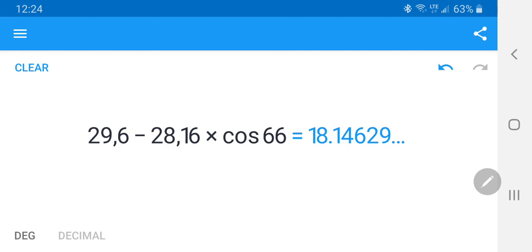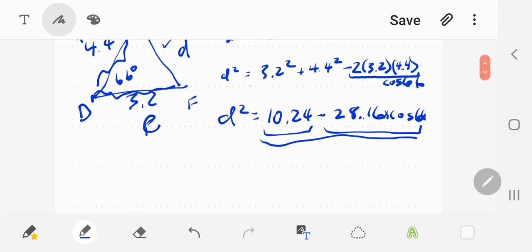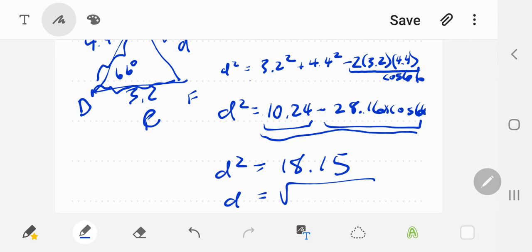So now that I've got my answer of 18.15 for d squared, all I'm going to do is square root it like we used to do when we were dealing with our square root problems, our Pythagoras theorem problems.